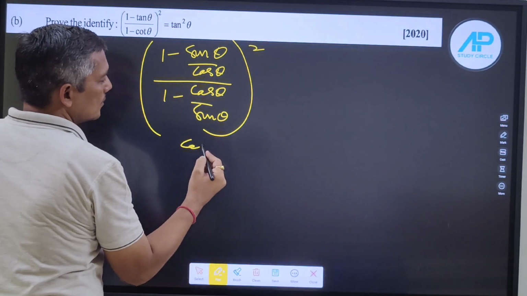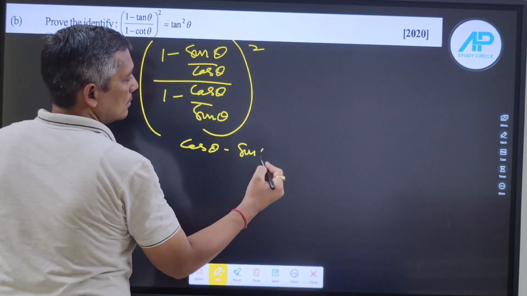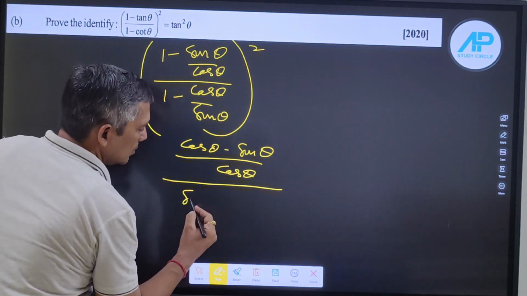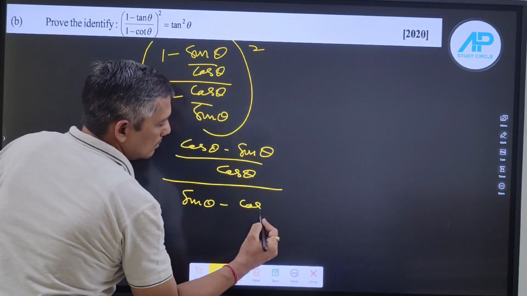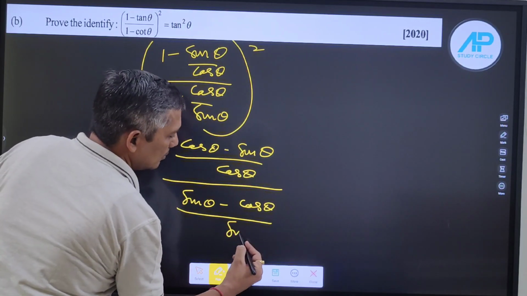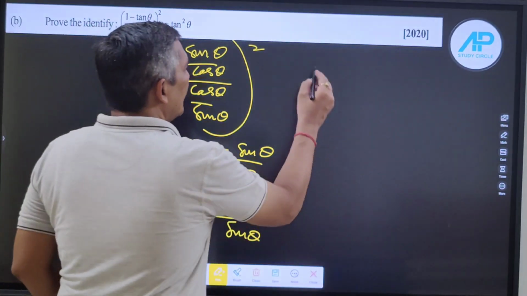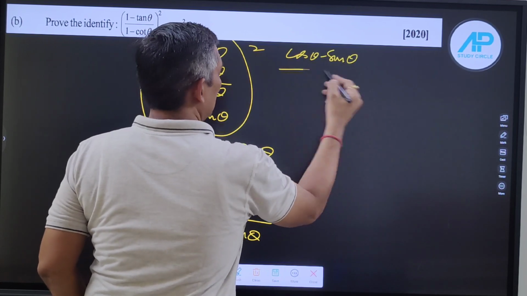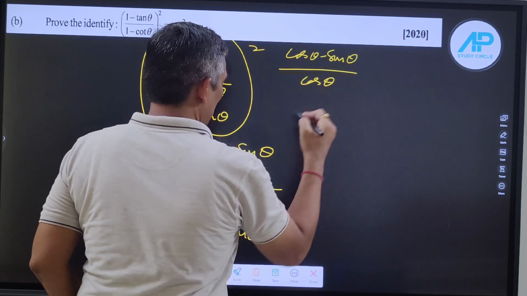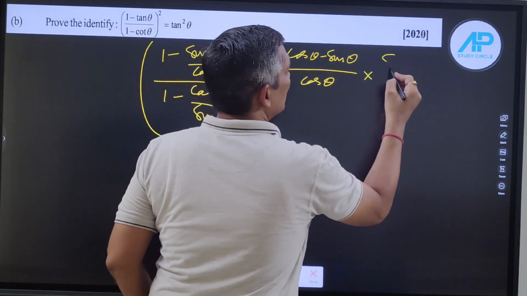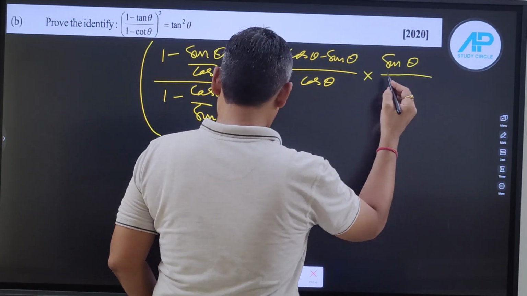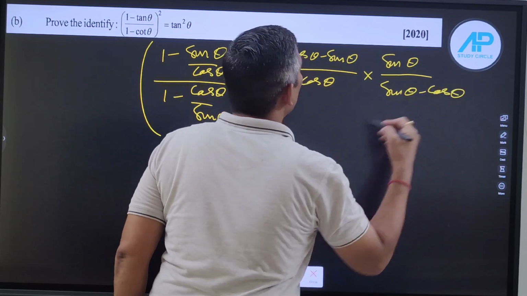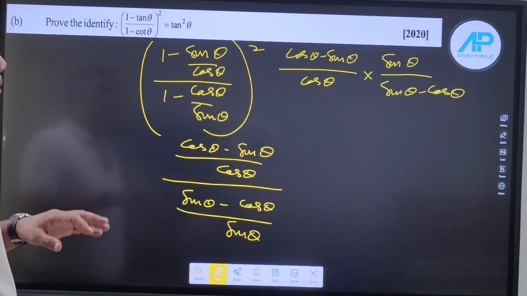Now this becomes cos minus sin upon cos, upon sin minus cos upon sin. I solve it further, multiplied by sin upon sin minus cos.